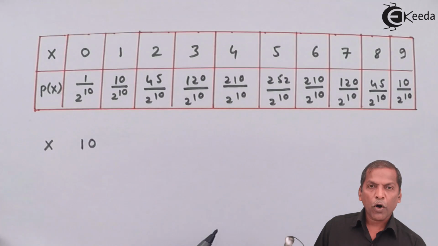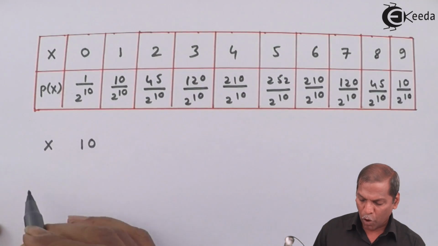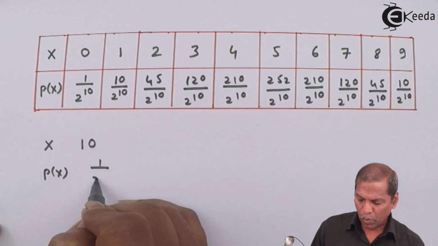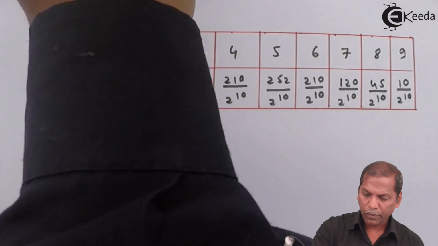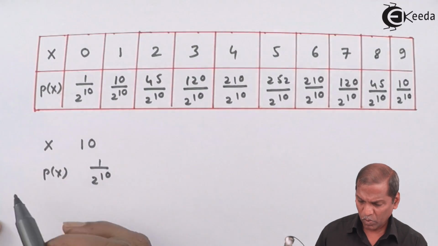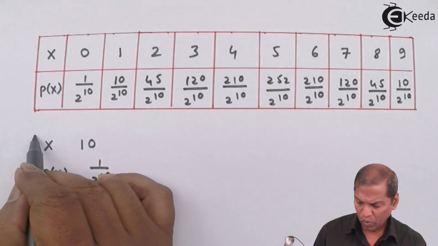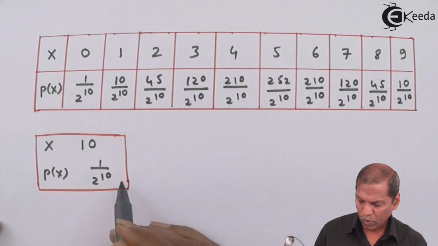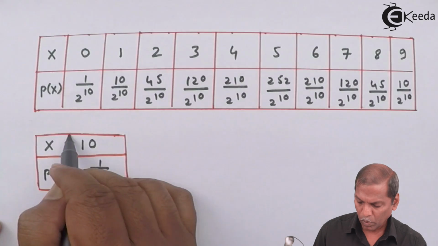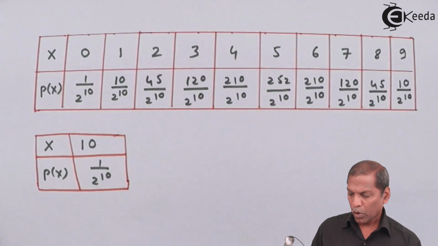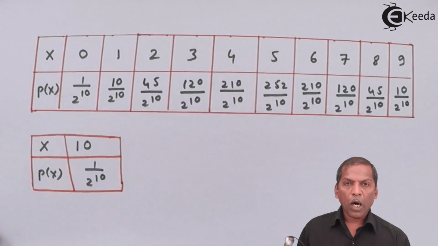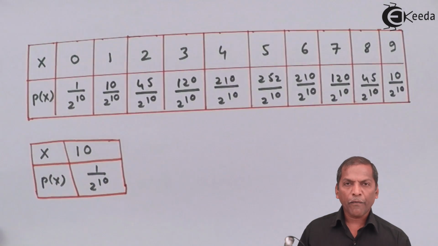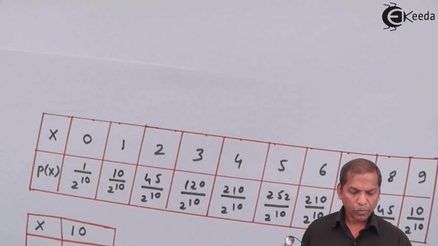And finally, for x equal to 10, we have probability 1 upon 2 raised 10. So this is our required probability distribution of random variable x.